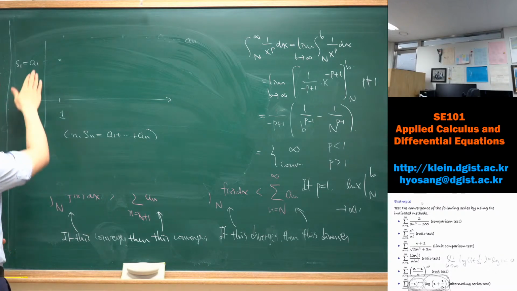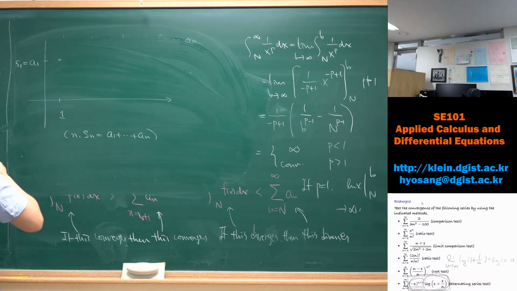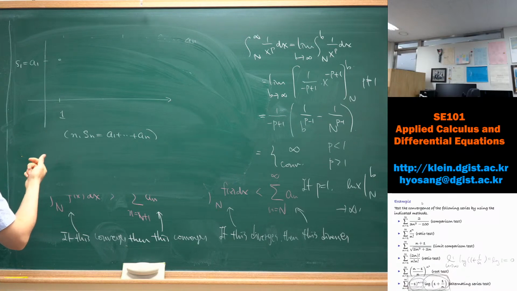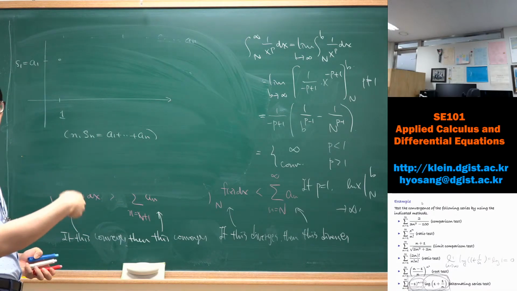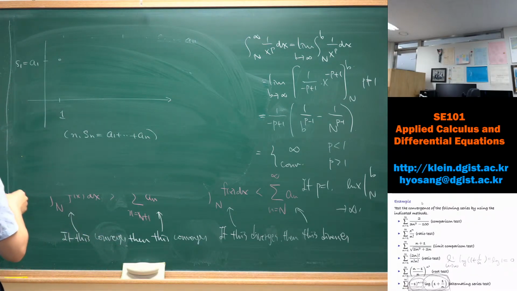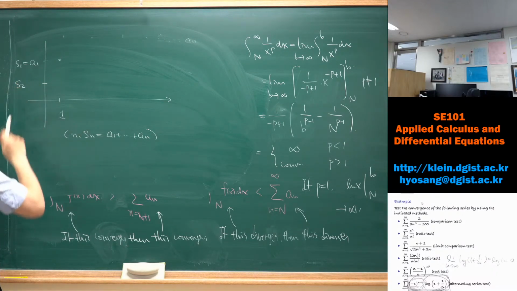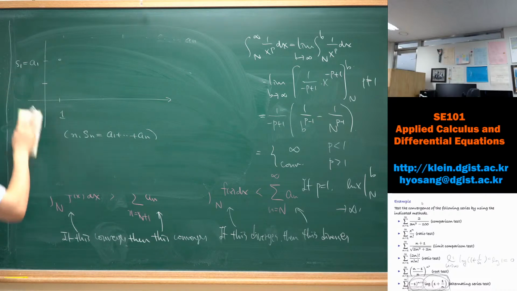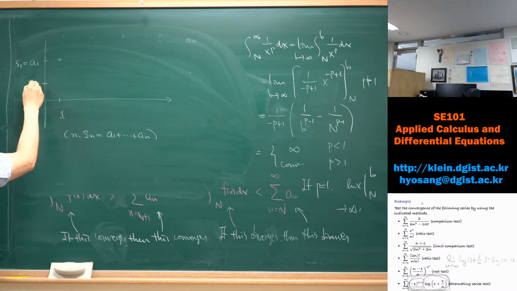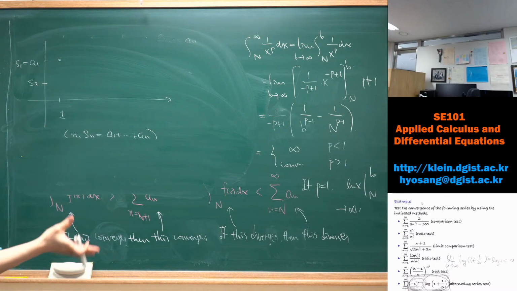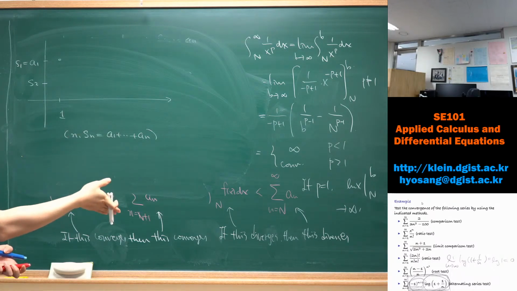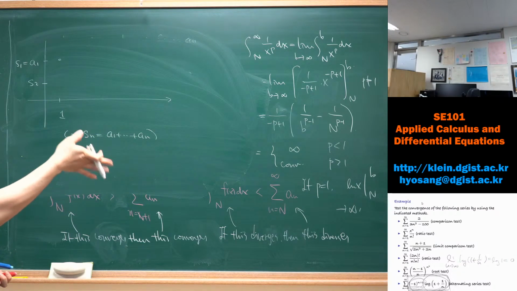Now A1 is positive, obviously, so I choose A2 to be a negative value, but the absolute value of A2 is less than A1 because of the assumption. So when I put S2 here, it's decreased by the absolute value of A2, but it doesn't become negative, because the absolute value of A2 is less than A1.